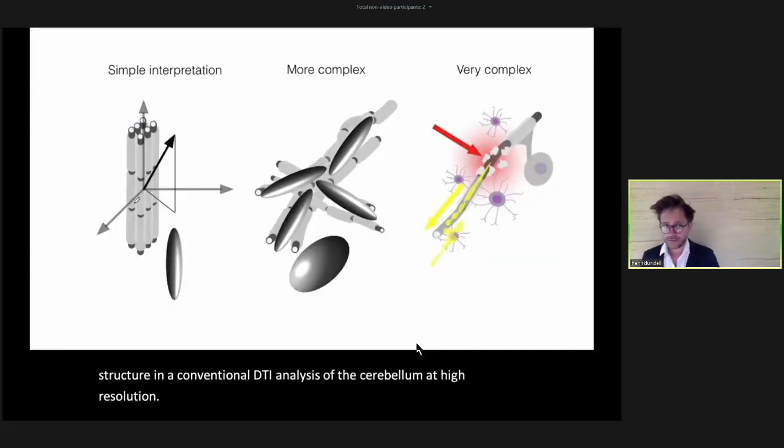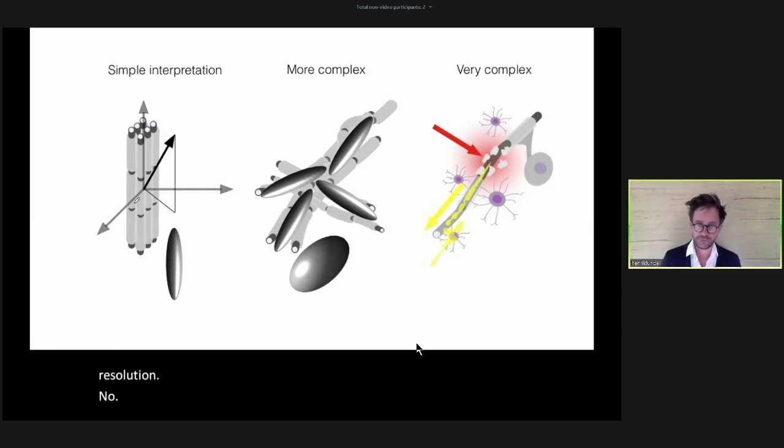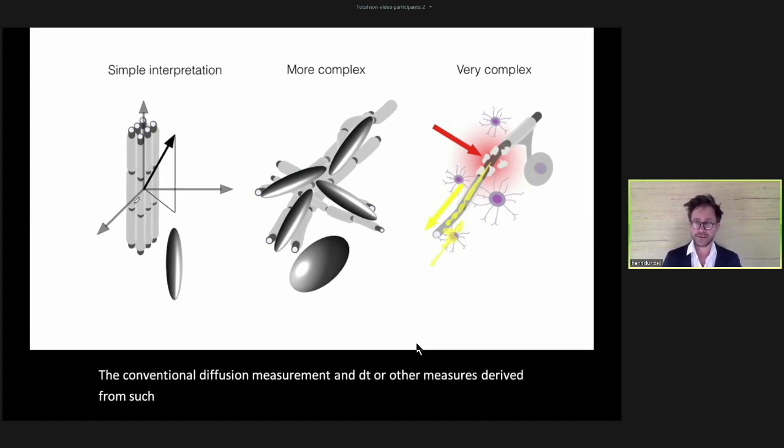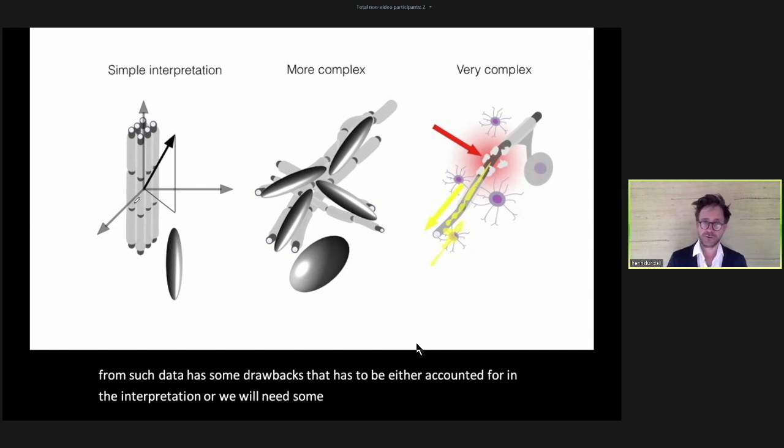Now, the conventional diffusion measurement and DTI or other measures derived from such data have some drawbacks that have to be either accounted for in the interpretation, or we will need some model assumptions in order to resolve different levels of complexity.